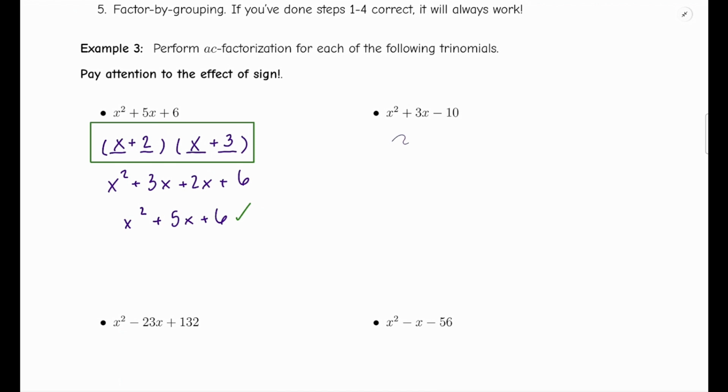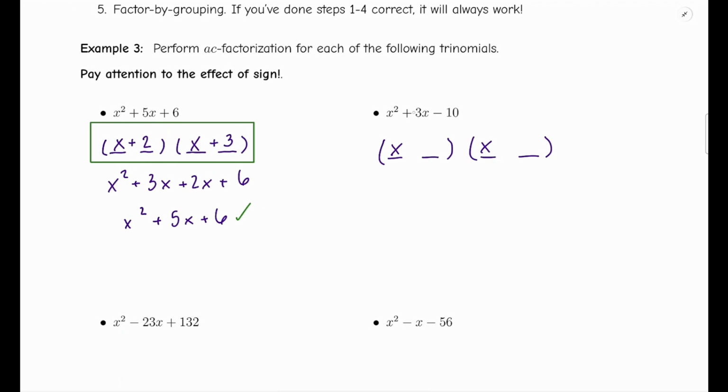So now for x squared plus 3x minus 10, again, I'm going to guess that it splits up into two binomials. And what times what equals x squared? Well, that's x and x. And what times what is negative 10? Now here, I know it's multiplying to a negative number, so that means one of my numbers must be negative and the other one must be positive.